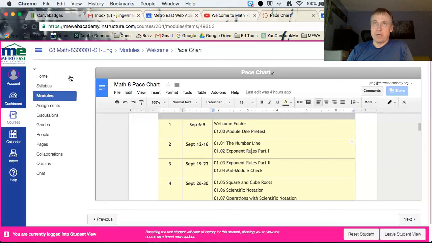The other thing I wanted to talk to you about was notebooks. For this class, and really for all your classes, but especially for math class, you need to have a notebook. That can be a notebook just for this class, one of those little spirals, or if you have a big notebook, make sure you have a section just for math.